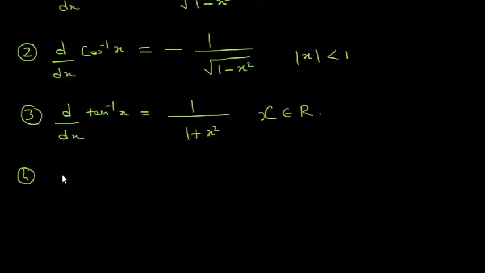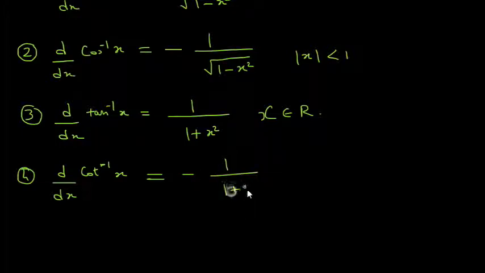Fourth, d upon dx of cot inverse x is equal to minus 1 upon 1 plus x², where x is an element of real numbers.